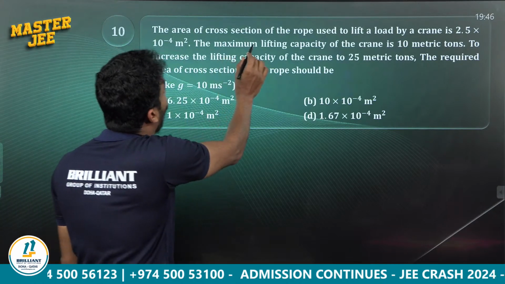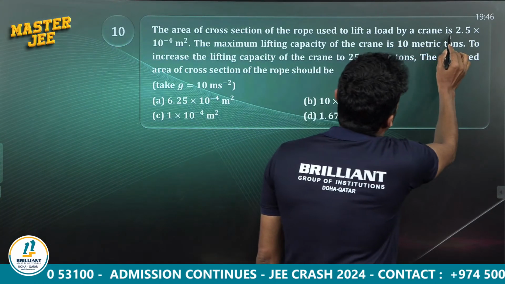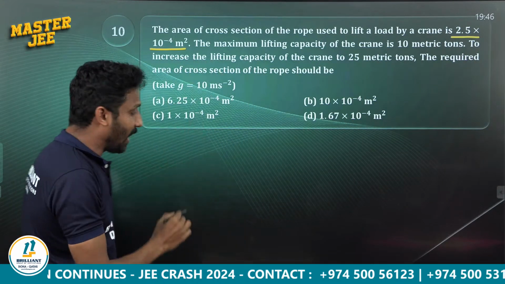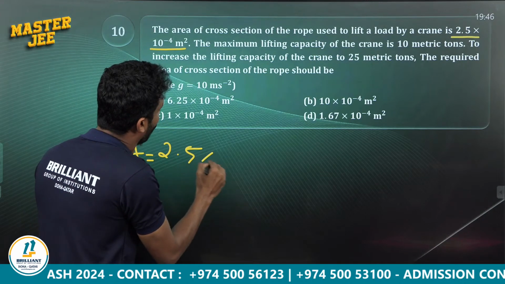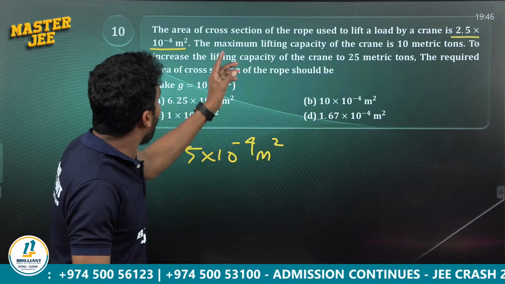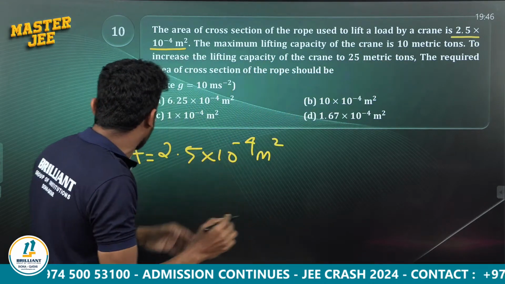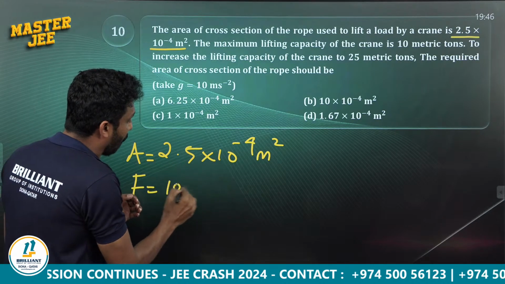The area of cross section of the rope used to lift a load by a crane is 2.5 into 10 raised to minus 4 meter square. The area A is equal to 2.5 into 10 raised to minus 4 meter square. The maximum lifting capacity of the crane is 10 metric ton.